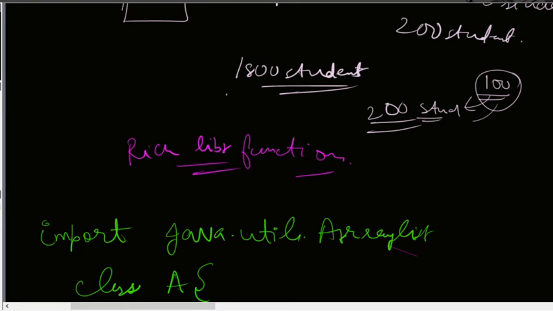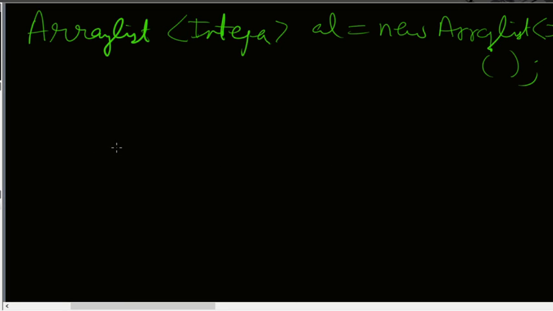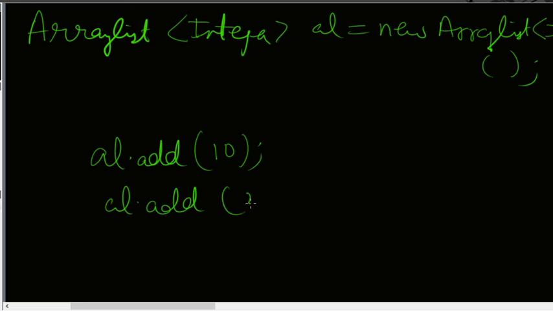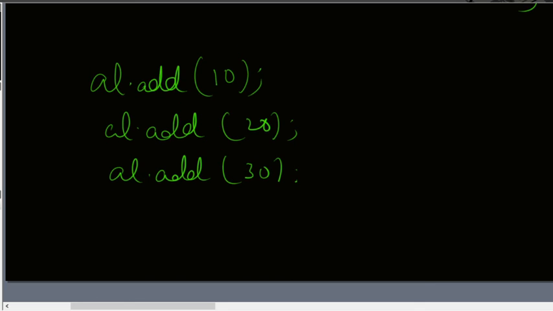Now I just need to add the elements. As it's a rich library function, I can write al.add(10), al.add(20), al.add(30). I'm just adding elements and it is dynamically growing its size.